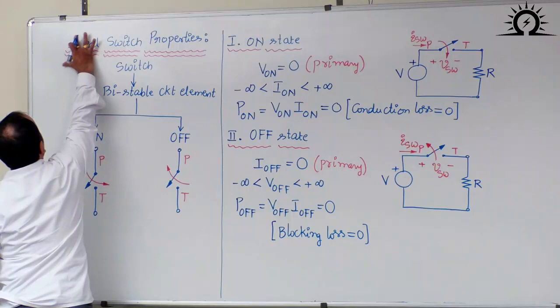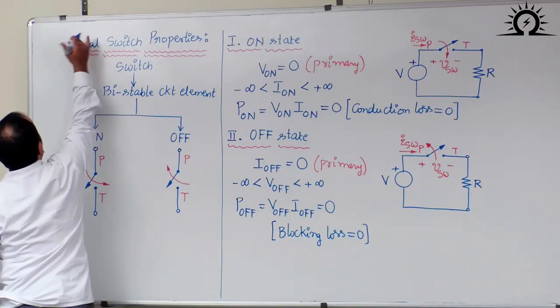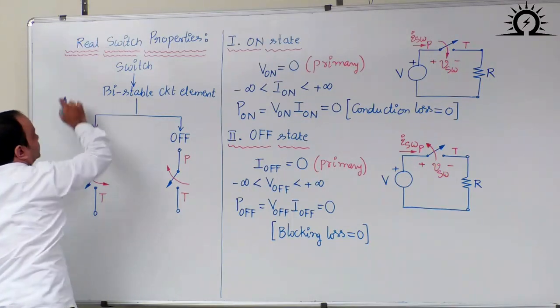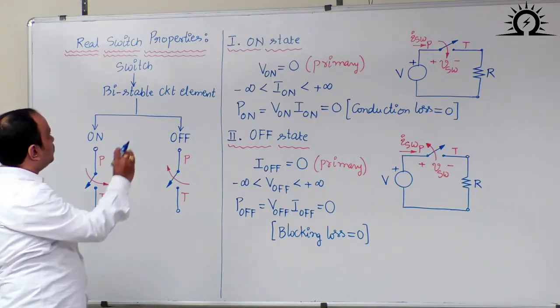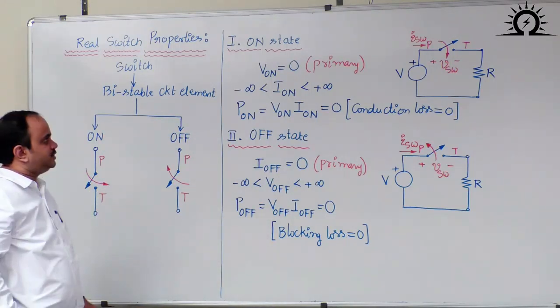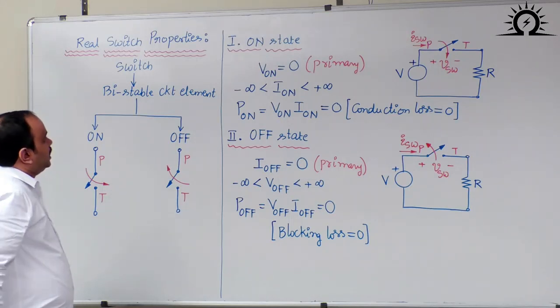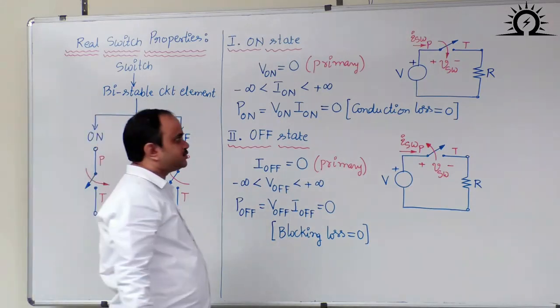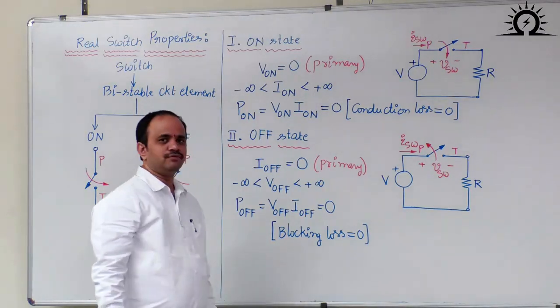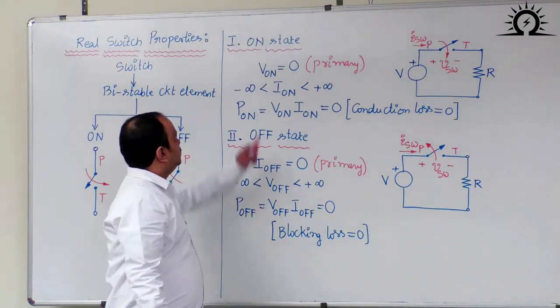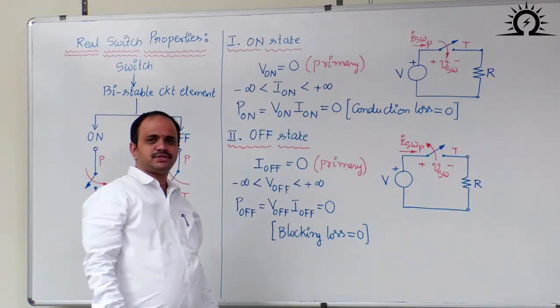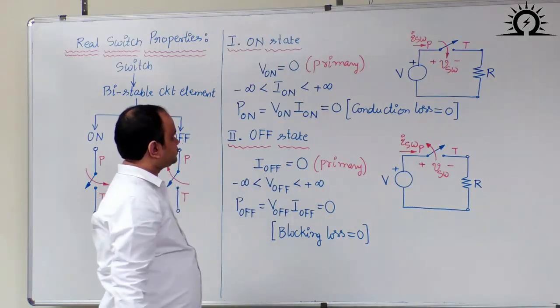Now, follow carefully. I will modify these statements point by point. You just need to rewrite. Please note down again. Earlier, in the ideal switch properties, we said the voltage across the switch is equal to 0.